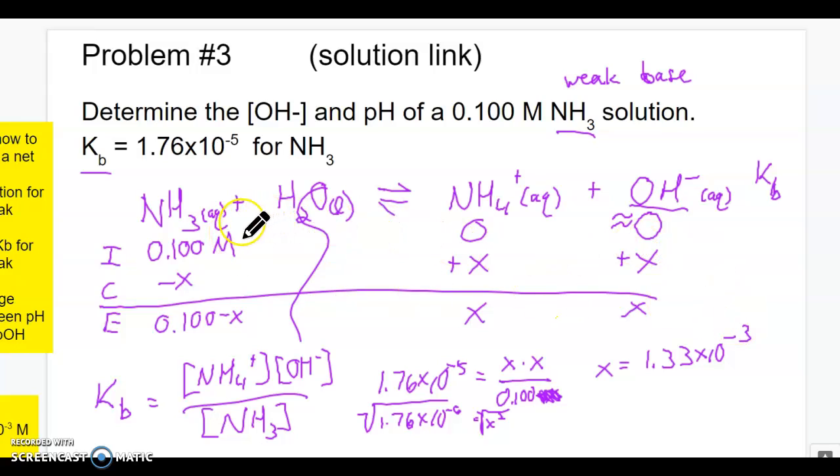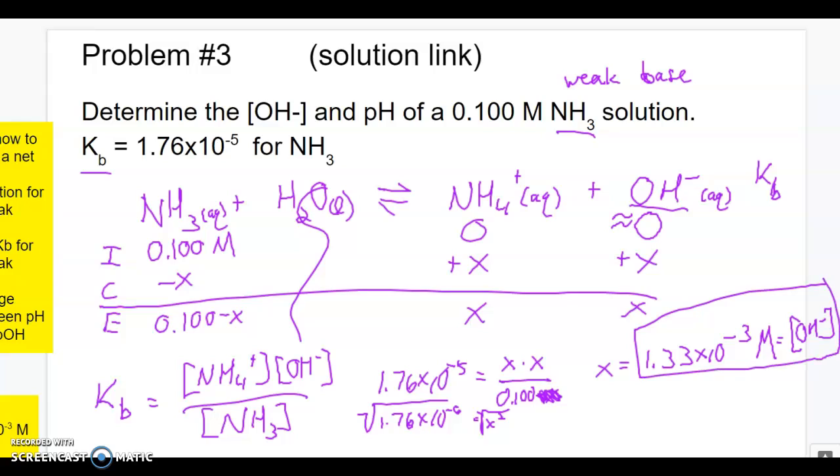I always go back and check this, because if it was really moles that I used, which sometimes happens, then I would have to figure out what the concentration is. So use units at the beginning of your ice tables, so it tells you what your x value actually is. My x value is molar, and that's the concentration of my OH minus.